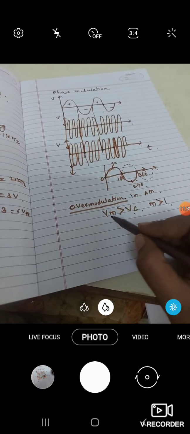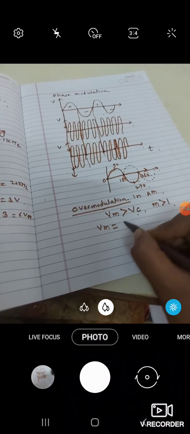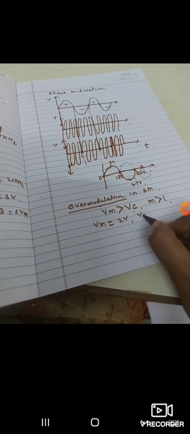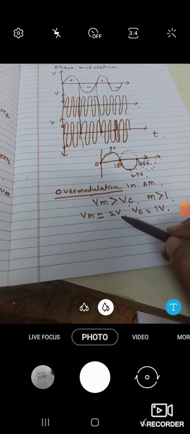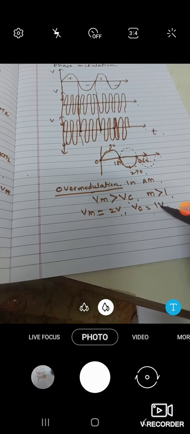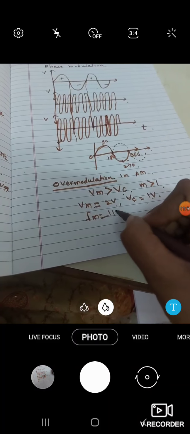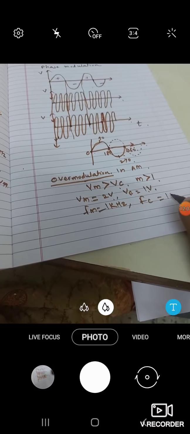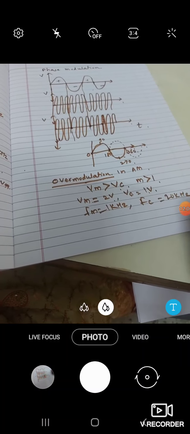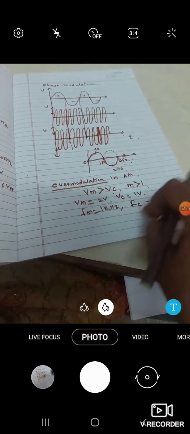So let us consider that Vm is equal to 2 volt and Vc is equal to 1 volt, and you take Fm equal to 1 kilohertz and you take Fc equal to 20 kilohertz. So always this Fc value should be greater than the Fm value.